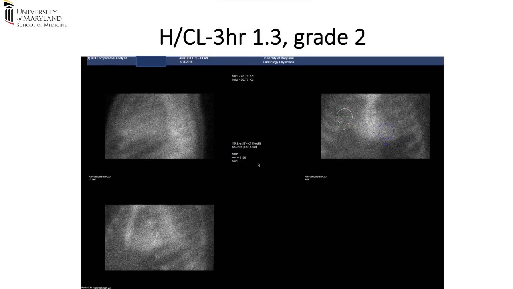This was a positive scan. Again, just looking at it, though, we thought the heart was greater than the ribs and called it positive with our grading system, and then our heart contralateral lung ratio helped confirm it. Remember, this is 3 hours and 1.3 is positive. Basic scanner, pretty good images, pretty good result.